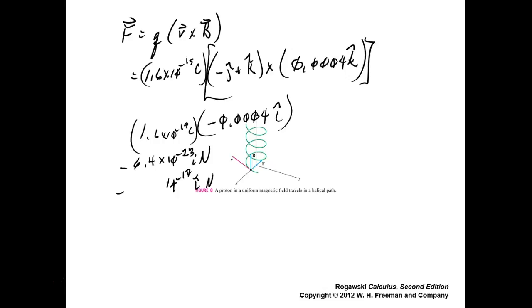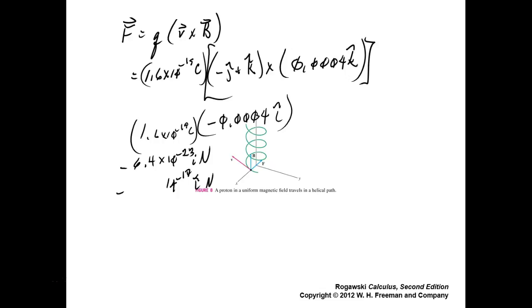So what we have to do, and this is rather bizarre, to get the magnitude and then the direction separate from that, is backtrack and see what those actual vectors would be. The vector minus j plus k has a length of square root of 2. We know that.